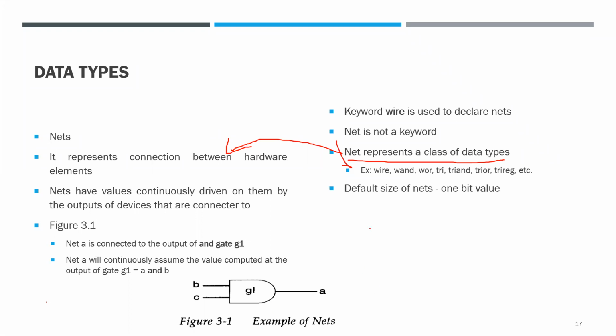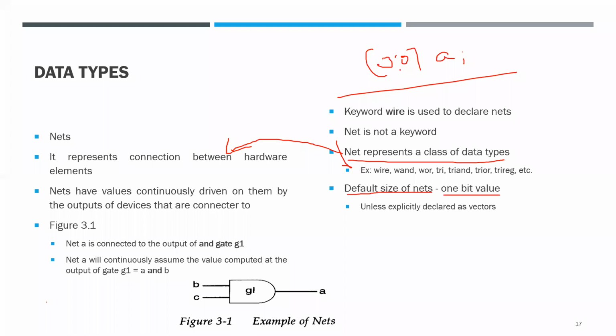Now, what is the default size of the nets? If I don't specify the size of the nets, the default size is a 1 bit value, unless you have explicitly specified that wire or any of these is a vector. So what is a vector? You had seen some code wherein you had written something like 3 colon 0, then a.